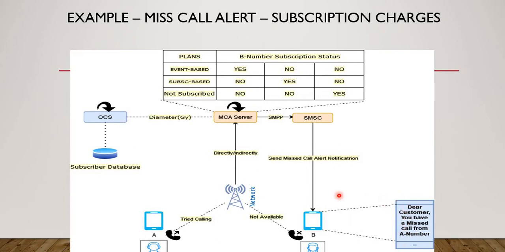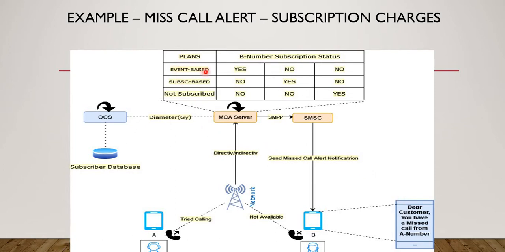Similarly, in a day, if he or she was switched off, and almost 20 people called and 20 missed call notifications will be there for this B user separately. For every SMS, he or she will be charged 1 rupee. So a total of 20 rupees will be charged, but that will be in different shots. For each notification there will be a separate charging request. That I will explain for sure.